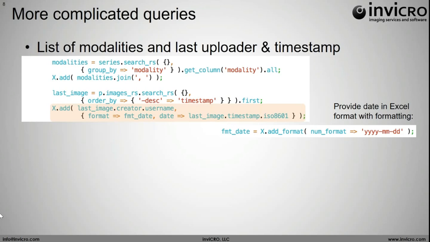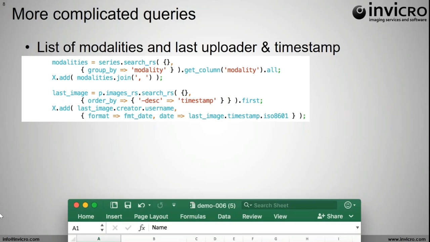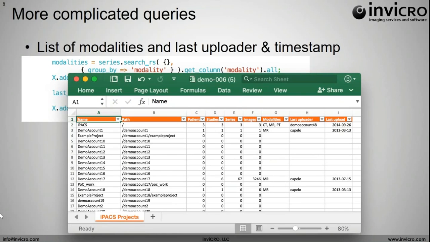So I just went for year, month, date formats that I defined in a format variable. And here we go. So then we see that we have a couple of projects with CT, MR, PET data. The last uploader to our root project was demo account 48 in 2014. So then you put some more meat to that spreadsheet.